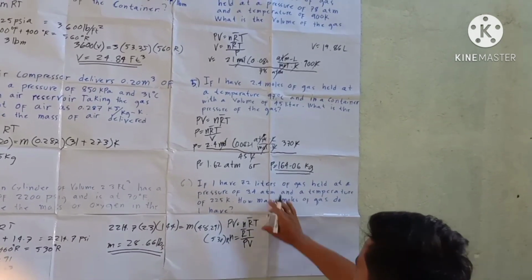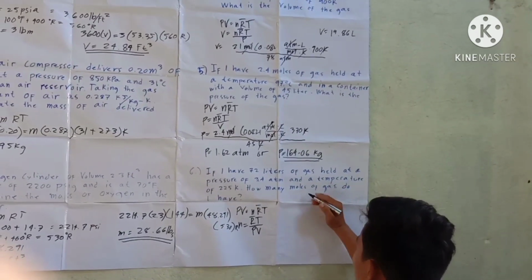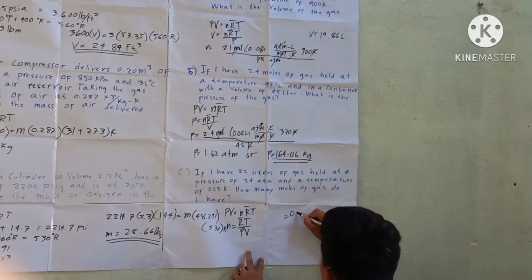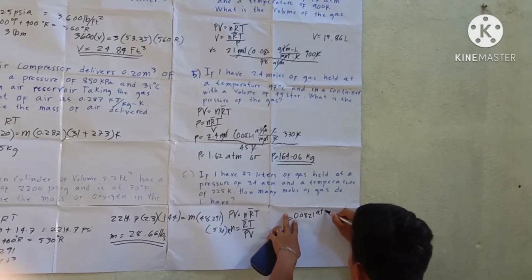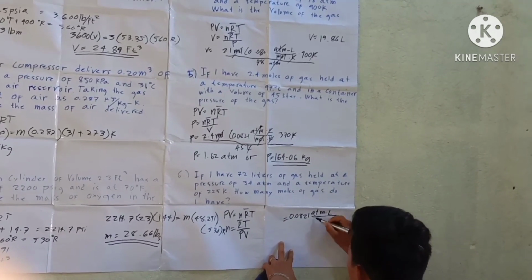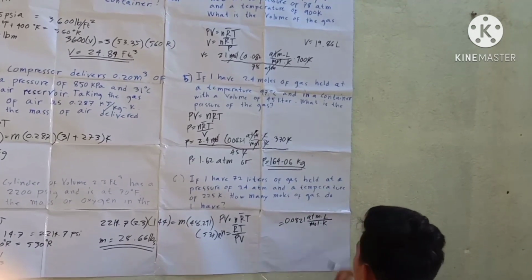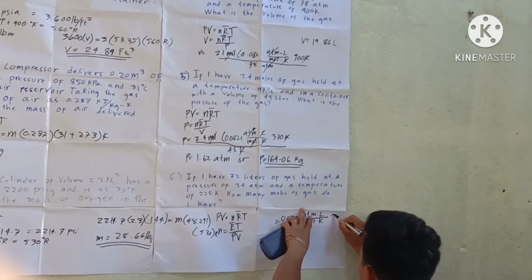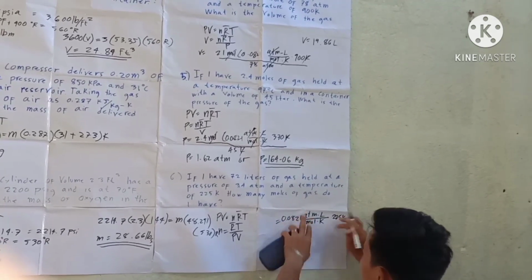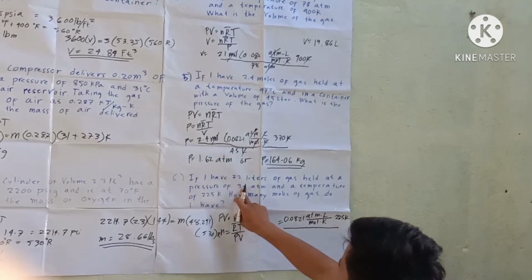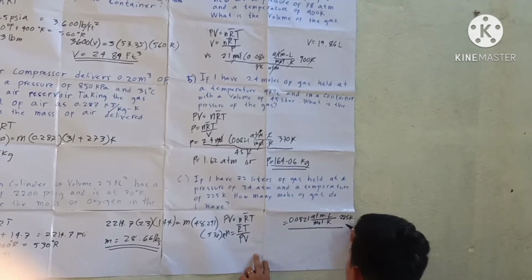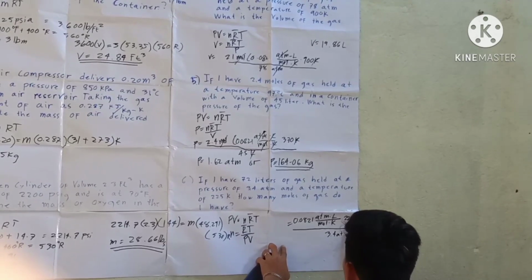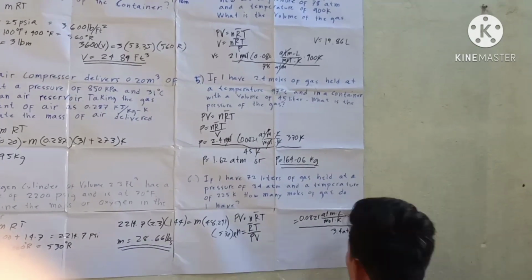Since the universal gas constant is 0.0821 atm liters over mole times Kelvin, and the temperature is 225 Kelvin, over the pressure 3.4 atm, then the volume is 72 liters.